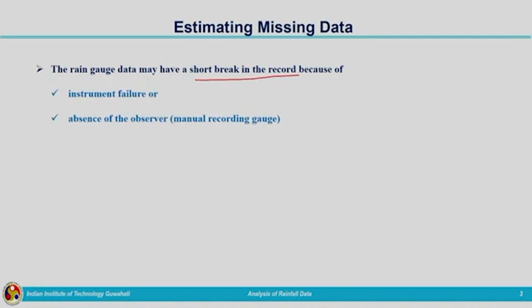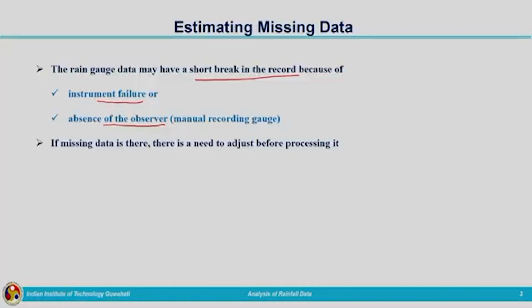It is because instrument failure can happen, or because of the absence of the observer in the case of non-recording gauges, where we need to observe manually. On certain days the recording of the rainfall data is missed by the observer, and in the case of recording gauges, sometimes it may be due to instrument failure, or due to heavy rainfall or flooded conditions the data recording was not functioning properly, and we need to process it before using it for any application.